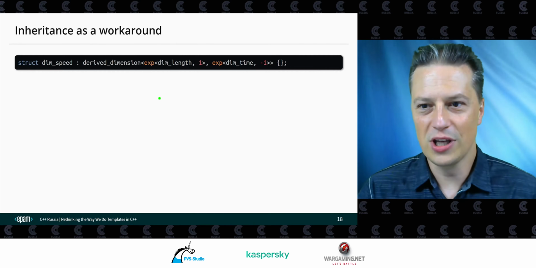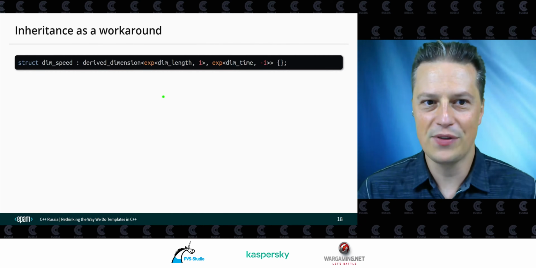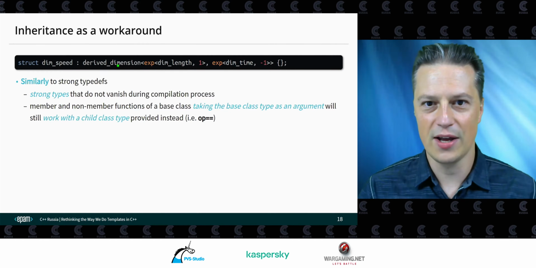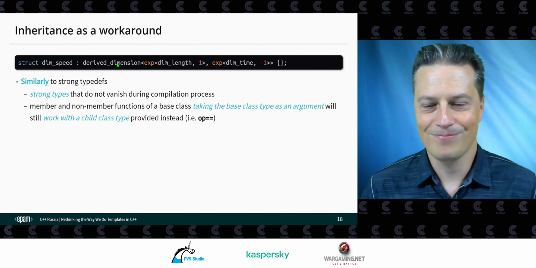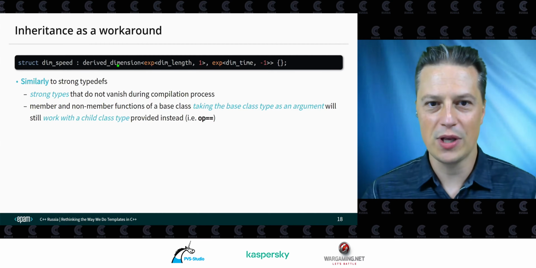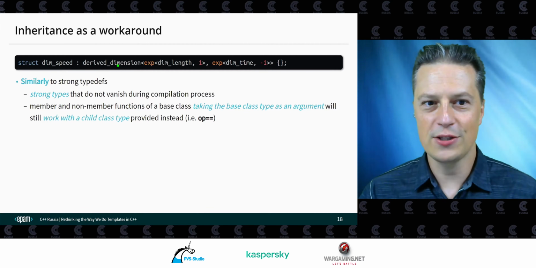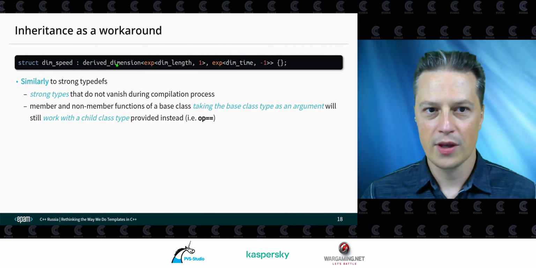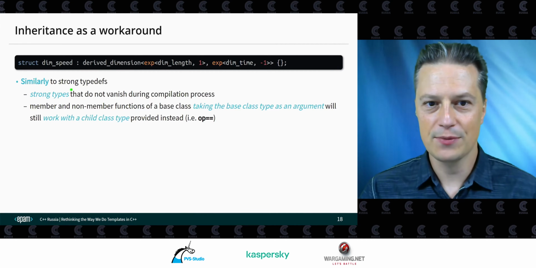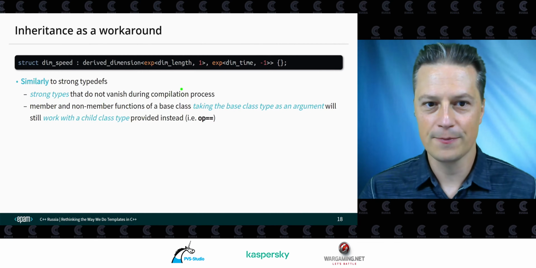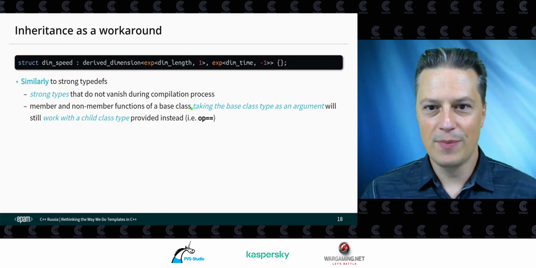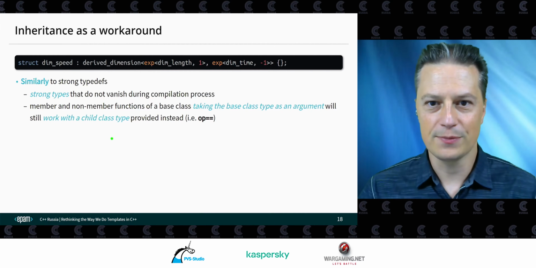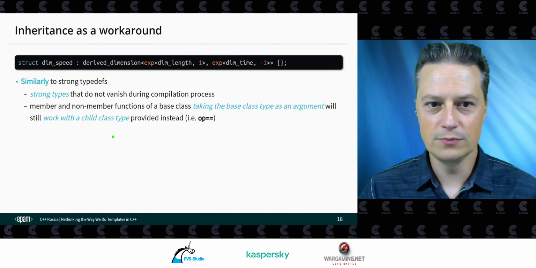Of course, it will not work in many cases, but for simple types like dimension in my case, or unit, which are basically tag types without any implementation, without any members, it is fine. And with this, we get strong types that do not vanish during the compilation process. And member functions of the base class basically will still work with this if needed.